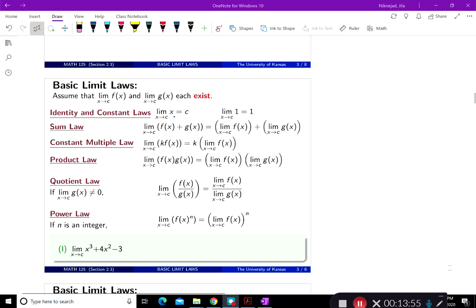A few examples of basic limit laws to compute more complicated or more complex expressions.